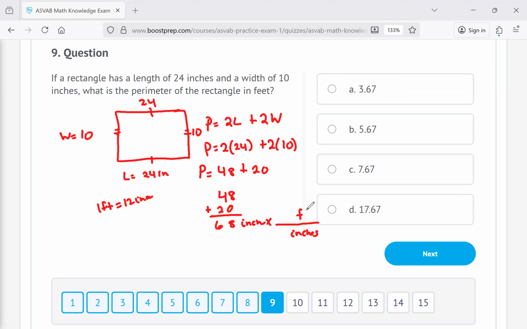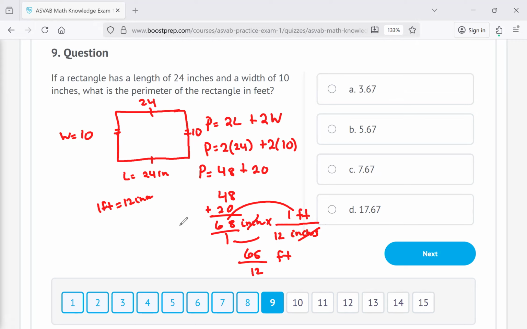And I'm going to put feet on the top because that's what we want. So we know that 1 foot equals 12 inches. So it's going to be 1 and then 12 here. And then just multiply across because this is technically a fraction. So 68 times 1 is 68, and 1 times 12 is 12. The inches disappear and you're left with feet.